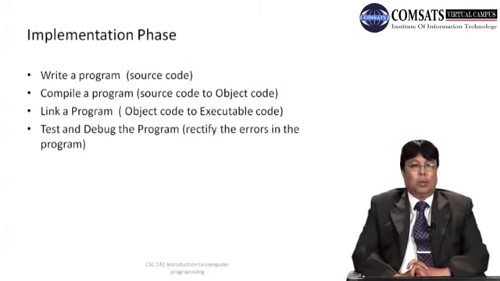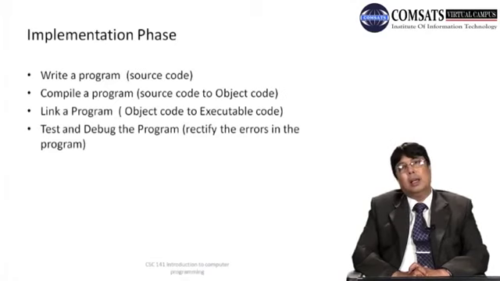Implementation phase, 4 steps. Write a program. Source code. जो प्रोग्राम आप लिखते हैं उसको हम कहते हैं source code. Obviously it is in a particular language. हमारे केस में it will be C language, C++.